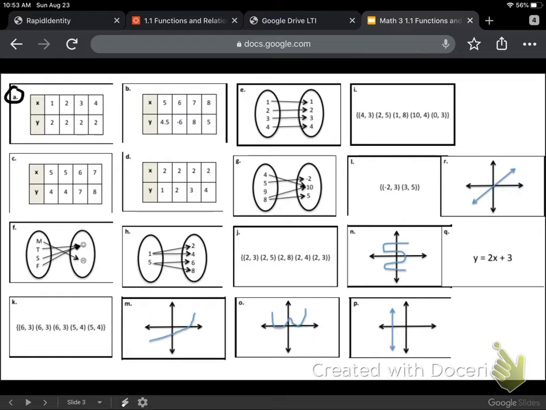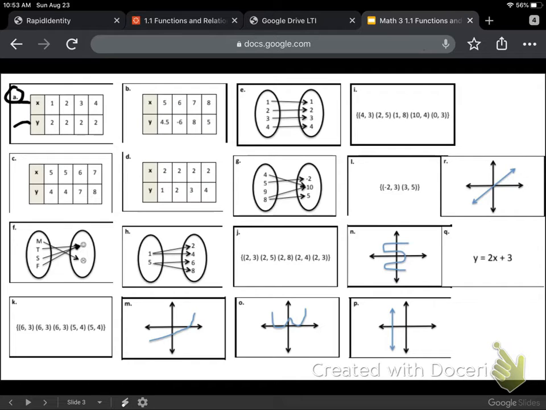The X's are your inputs, the Y's are your outputs. So the X is your input, the Y is your output, and I want to make sure one input goes to only one output.